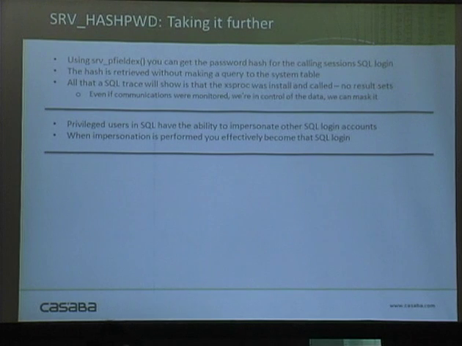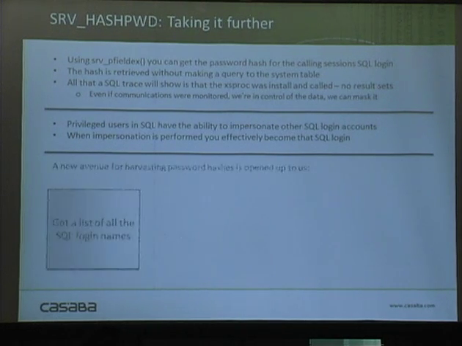This is a privilege that can be granted to individual users in SQL if they need to impersonate other users, or it's just one of those bits of functionality that things like SA and other privileged accounts can do on their own. When you do impersonation in SQL, you have effectively become that user. You're not just executing commands on their behalf, you become that user.